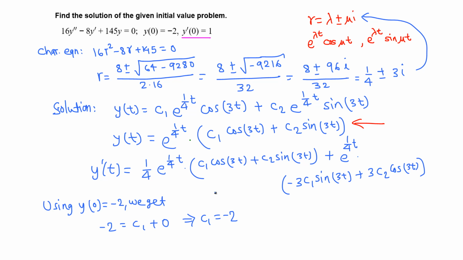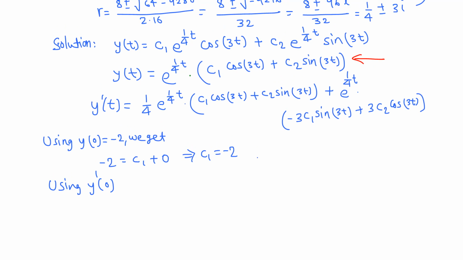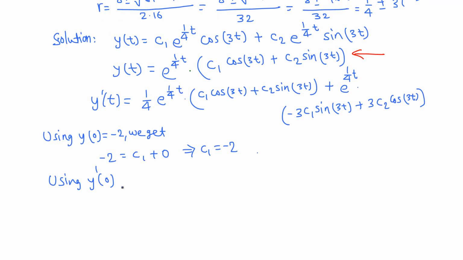Now use the second initial condition. Okay, so using y prime 0, the second initial condition is y prime 0 equals 1. So y prime at 0 equals 1.